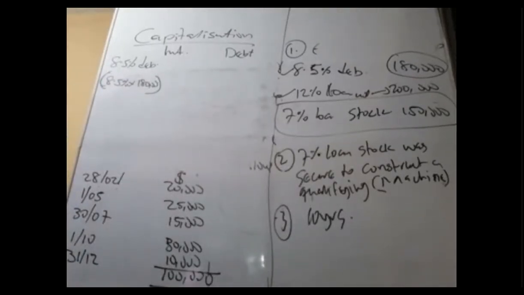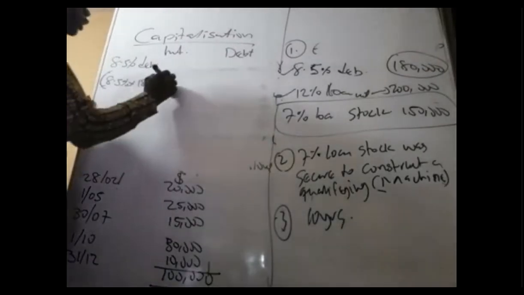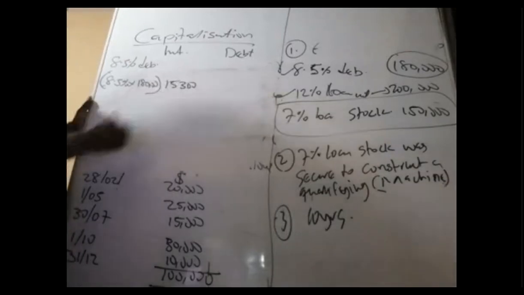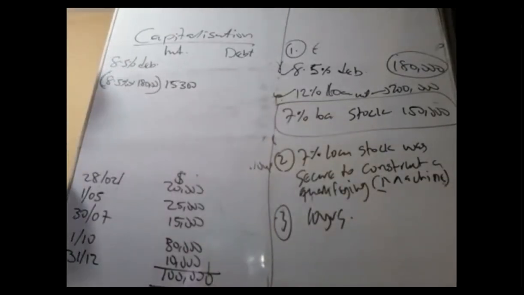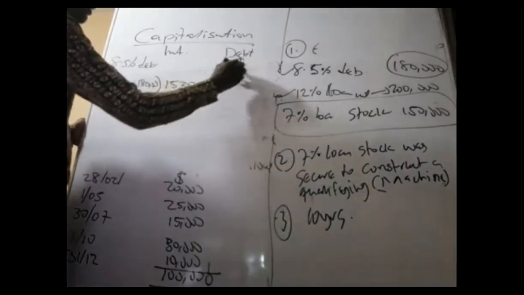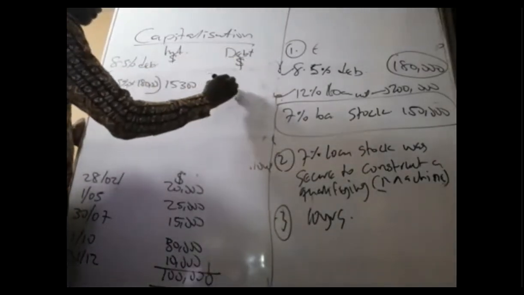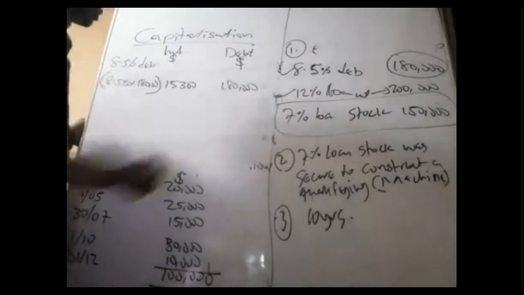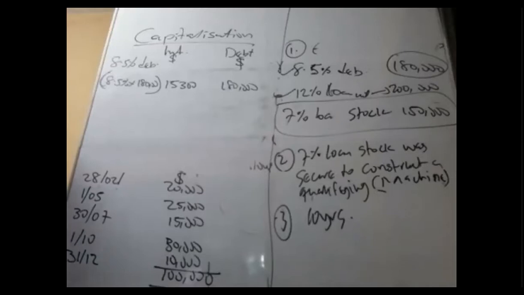So 8.5% times 180,000 for that particular year. That's 15,300. Agreed. What is the value of the debt in dollars? The value is $180,000. That's the value of the debt.